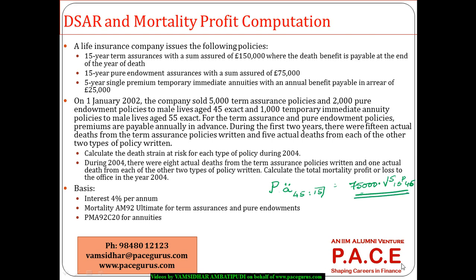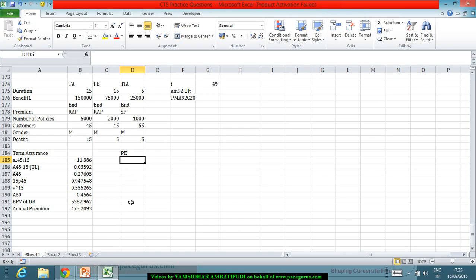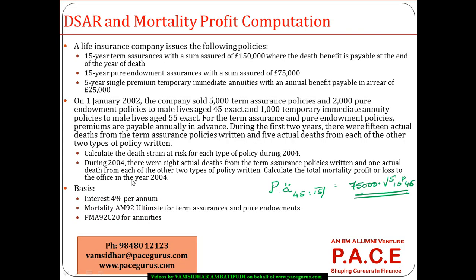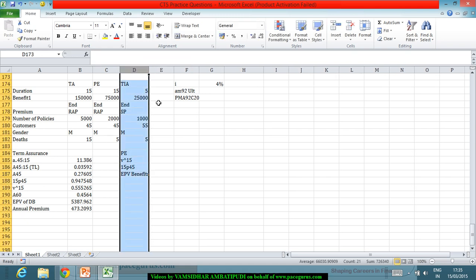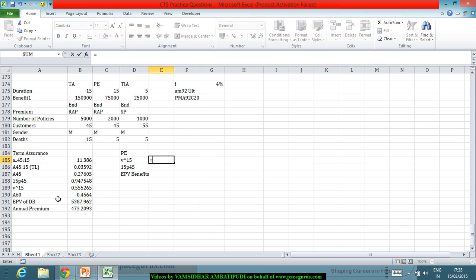So for the expected present value of the benefit here, directly I can use the numbers which we have found out here. I require V power 15, which we have found out. I require 15p45, which we have found out. So from there I can find the expected present value of the benefits directly. V power 15 is coming out here, the 15p45 is coming out here.